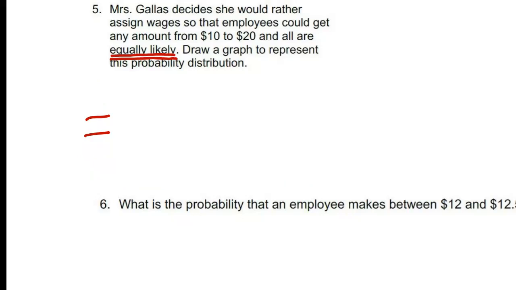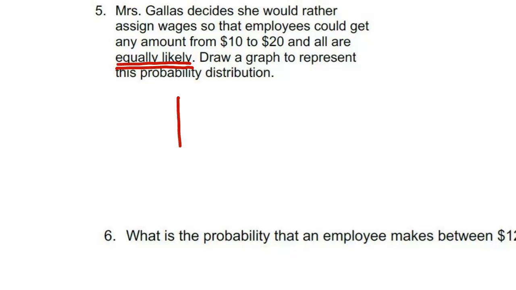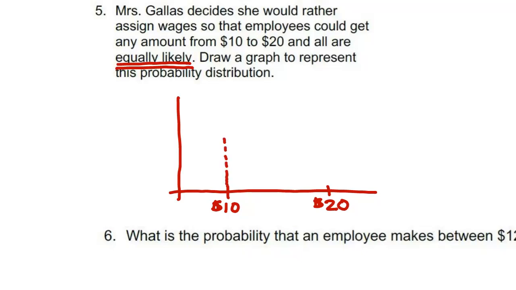So I'm going to draw this slightly prettier looking. So we want to go from $10 to $20. So my probability distribution is going to have this rectangle shape to it.